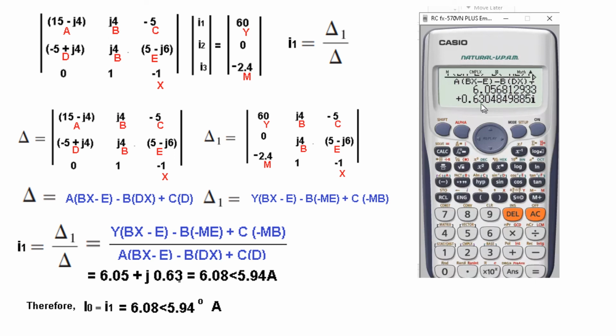And now if you want to convert this into polar form, we press shift and complex number 2 button. Then from here you can see this is polar form, number 3. So we'll press 3 and equal sign. So this is the answer, 6.08, and the angle is 5.94. So this is the answer that we get, and that is the correct answer.